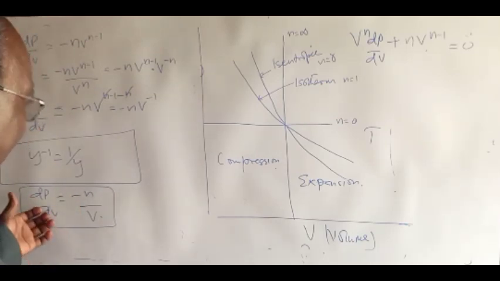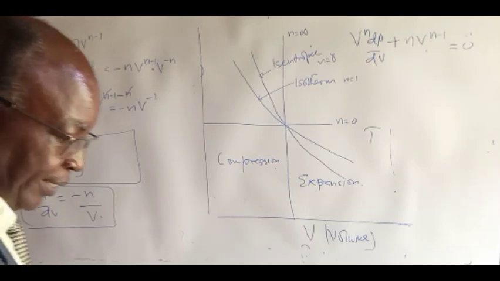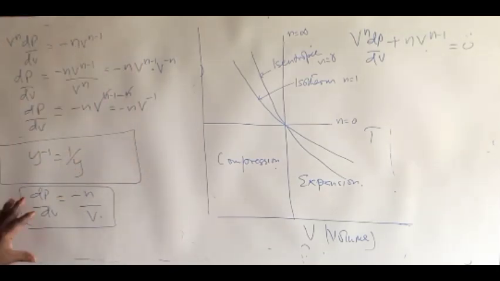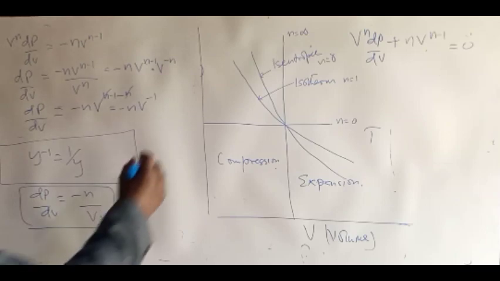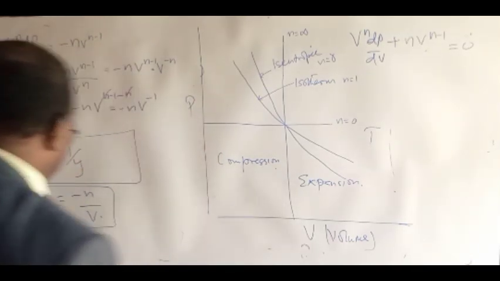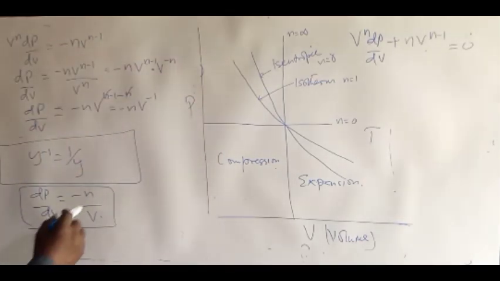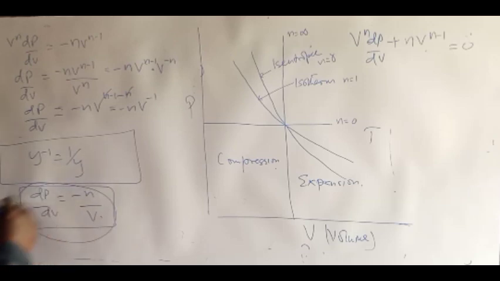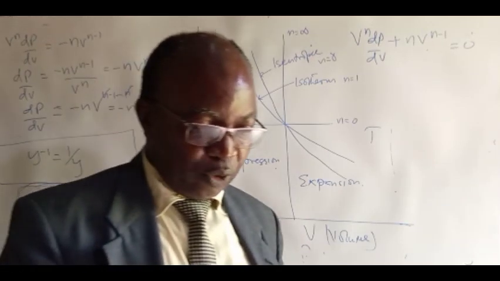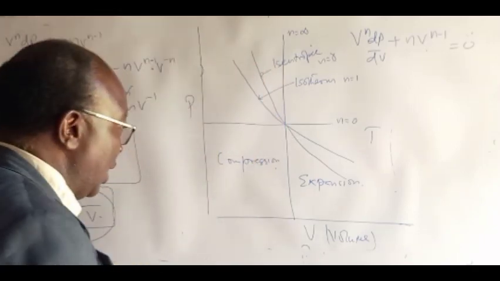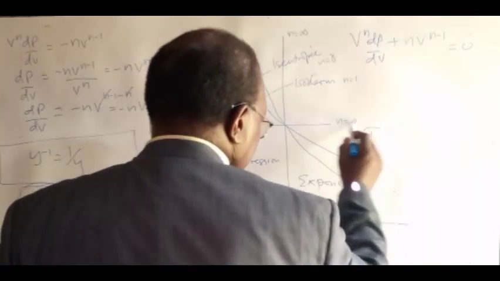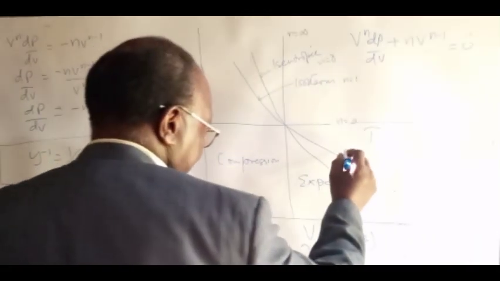And so we are seeing that the slope is negative. It's giving us a negative quantity for the slope in this particular case. That is because that's P and that is V. And this expression here is not practical in terms of slopes, because we can only use this quadrant here.